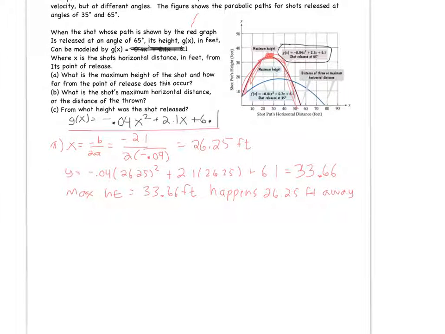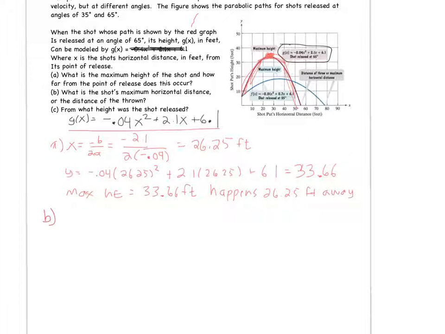B, what is the shot's maximum horizontal distance, or the distance of the throw, it should be, not thrown. So we need the x-intercept here. This is not going to be one that factors nicely, so here's going to be a case where I'm going to want to do some quadratic formula. Decimals will get a little bit messy, but that's all right.